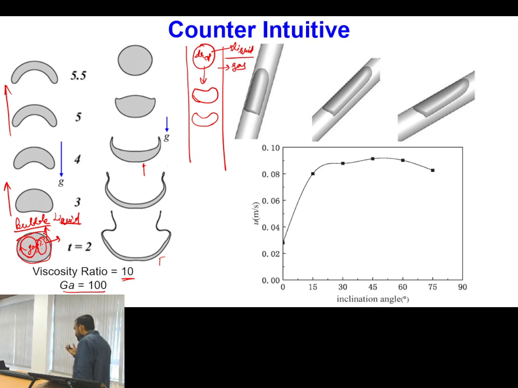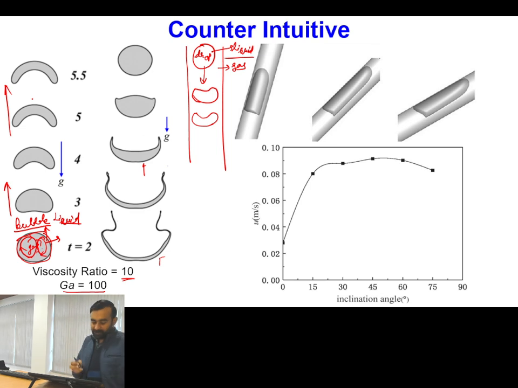Because of its low viscosity, if we analyze the flow within this bubble, there will be formation of internal circulations, and these will create additional viscous stresses, so that the internal shape of the bubble should not deform much. To deformation of bubble, these will be providing some resistance.